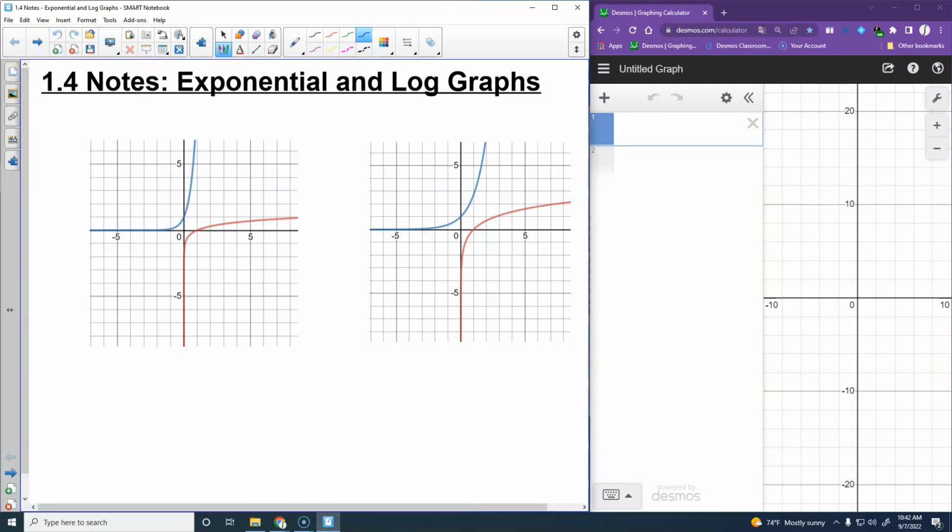All right. Okay. Exponential and log graphs. So, in this picture here, this graph is y equals 10 to the x power. This graph right here is y equals log x.